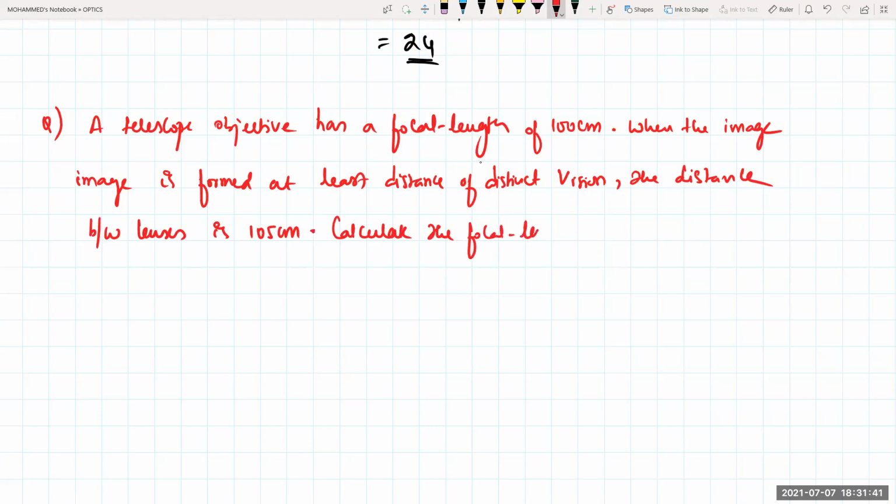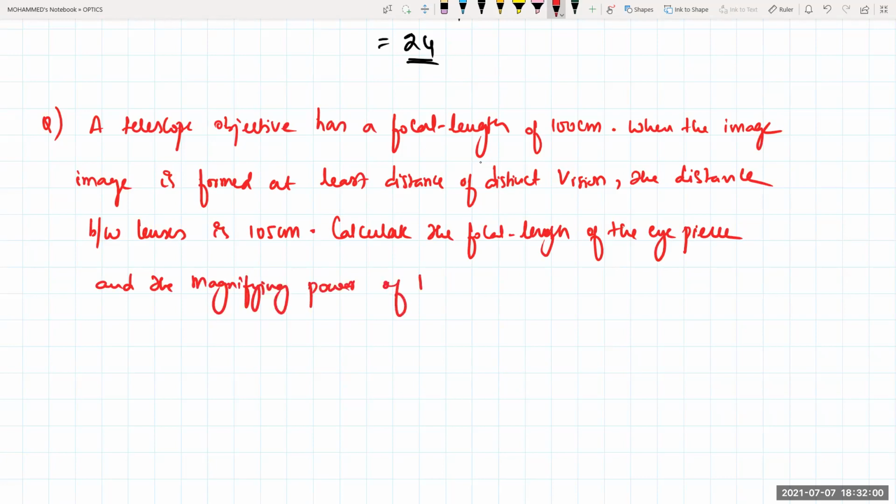Calculate the focal length of your eyepiece, and also the magnifying power of the telescope.